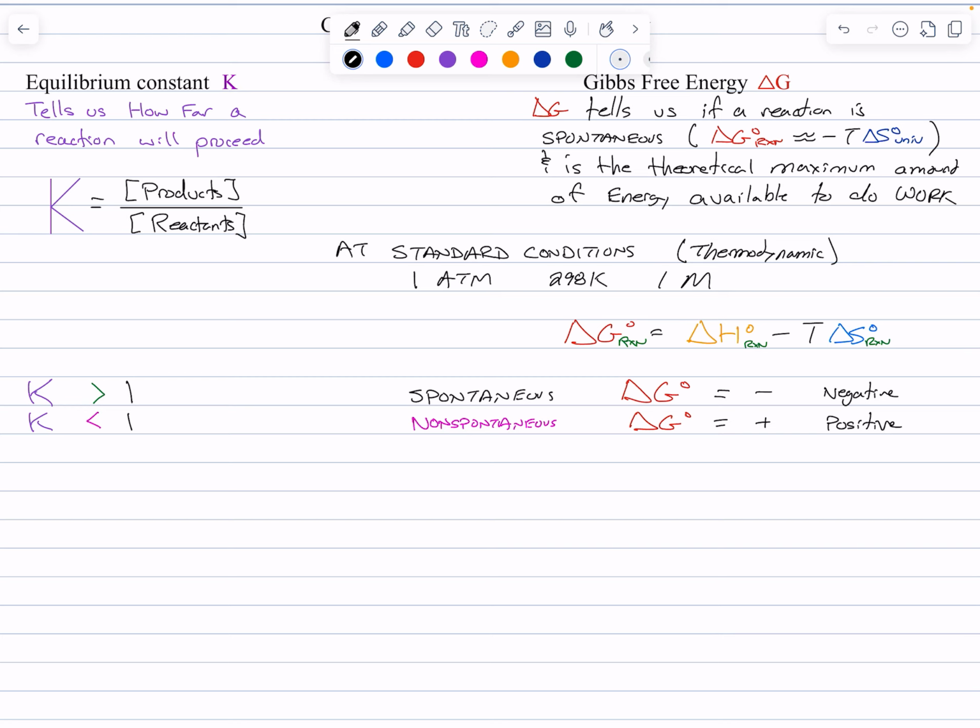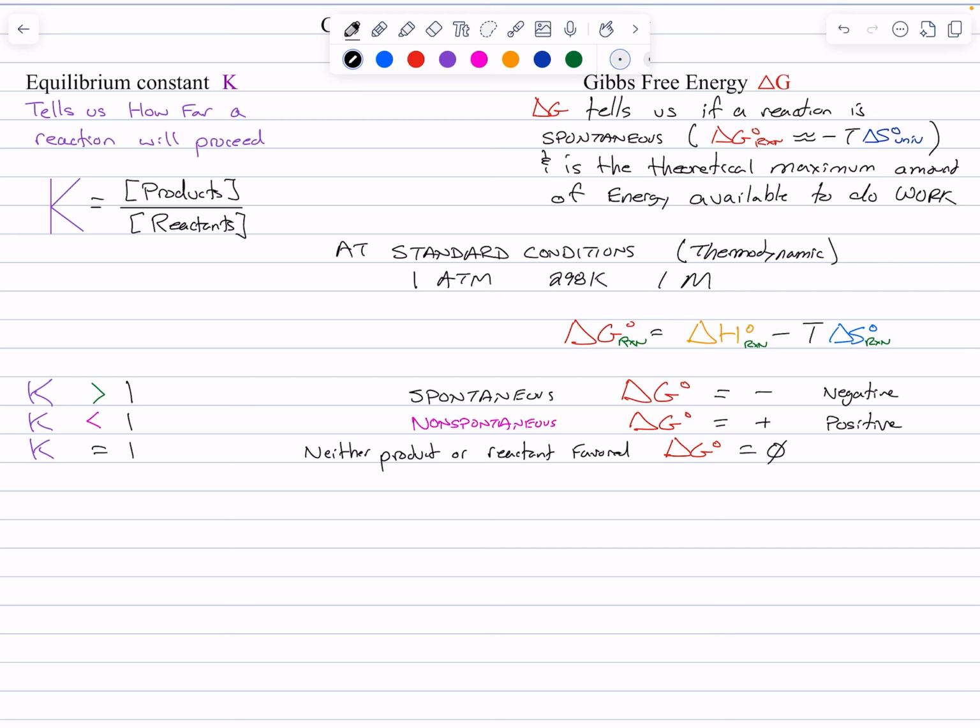And then we can be neither product nor reactant favored, where K would equal 1 and delta G would equal 0.